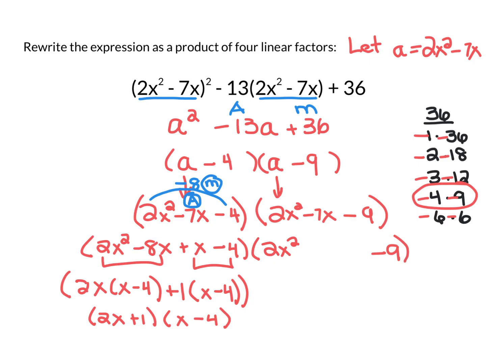Okay, so this time we're coming up with 2 numbers that multiply to negative 18 and add to negative 7. Sorry, I wrote over that. Let me make that apparent, that's a negative 7. Okay, so it's going to be negative 9 and positive 2.